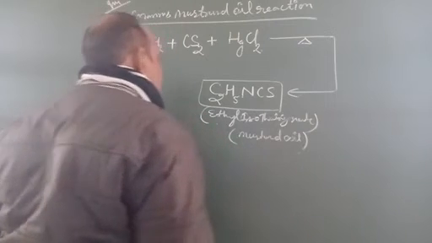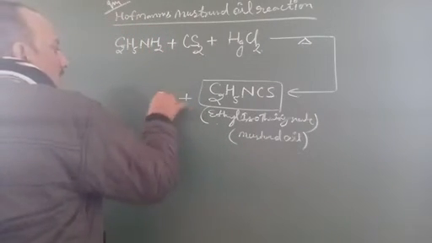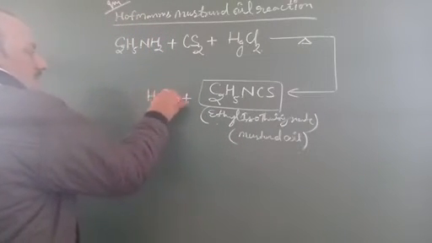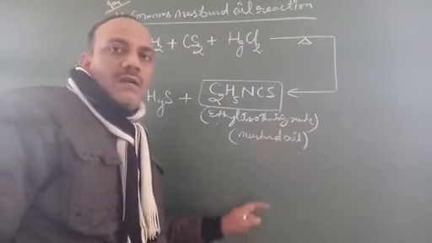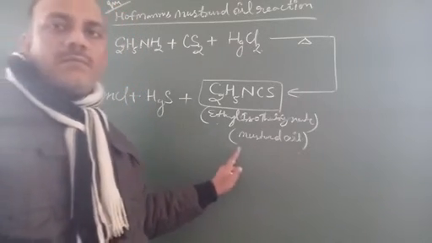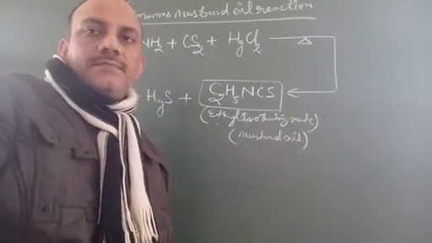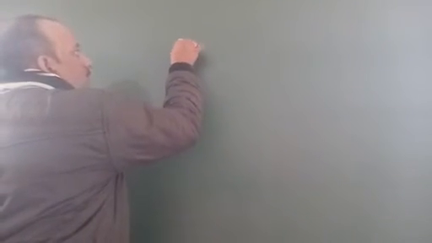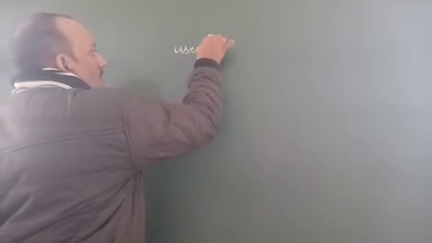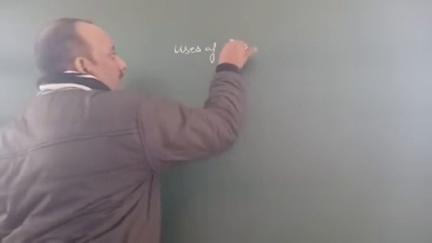So this reaction is known as the mustard oil reaction, and HgS plus HCl are subtracted. So students, these are the important chemical reactions of ethylamine. Now we discuss the uses of ethylamine.